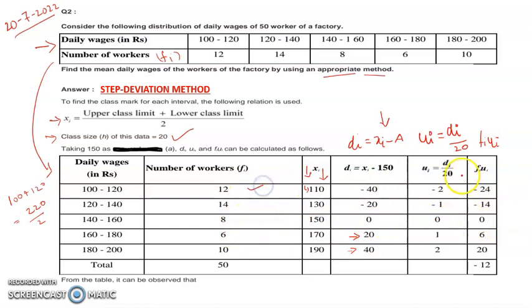This value multiplied by this value ui. 18 multiplied by 0 is 0. 6 into 1 is 6, and 10 into 2 is equal to 20. Then the summation: add these, and you are getting minus 12. Okay, students, I hope you have followed how to calculate these values. Simple, nothing difficult. So let me proceed to the next slide.